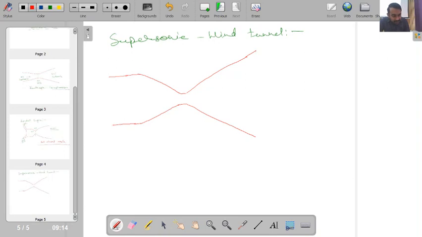Then I will have my fixed test section, and after the test section, once again I will have a convergent divergent section. Let me tell you what ultimately will be happening.